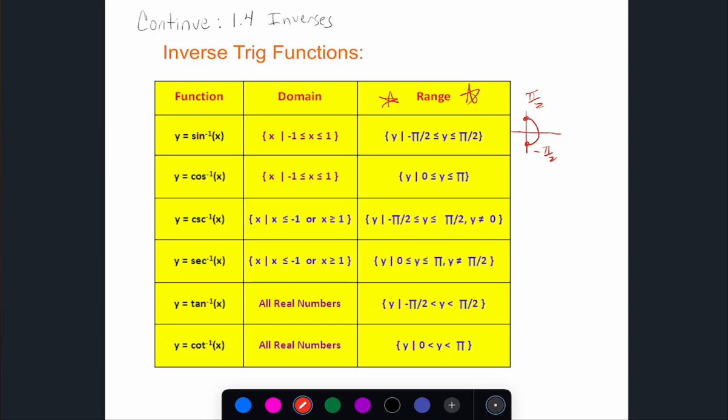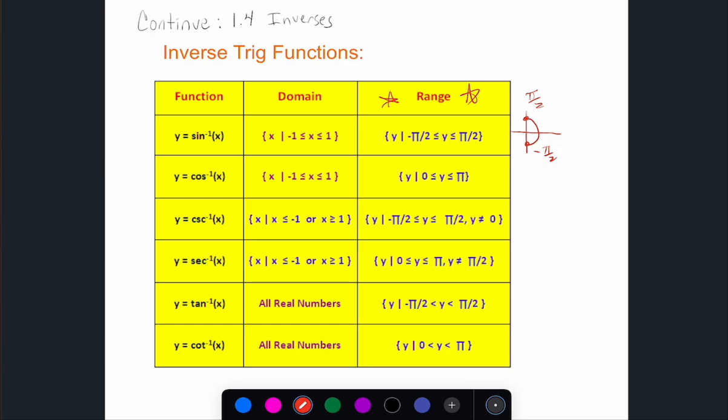Here, so that it's one continual motion, we are going to go from negative pi over 2 to positive pi over 2. So negative pi over 2 to 0 is where the sine is negative, and from 0 to pi over 2 is where the sine is positive.